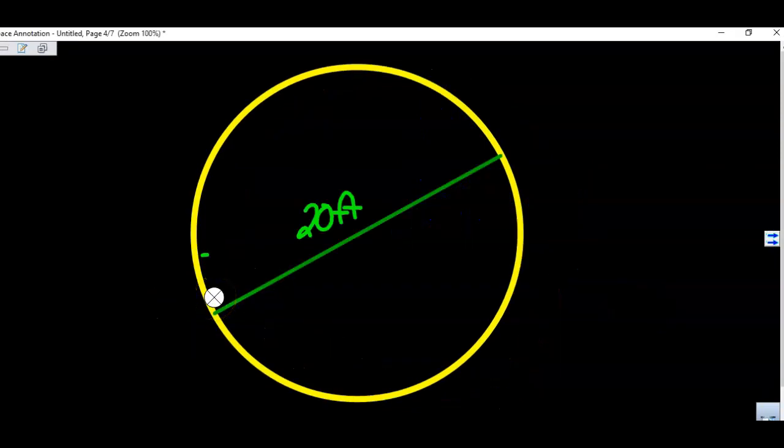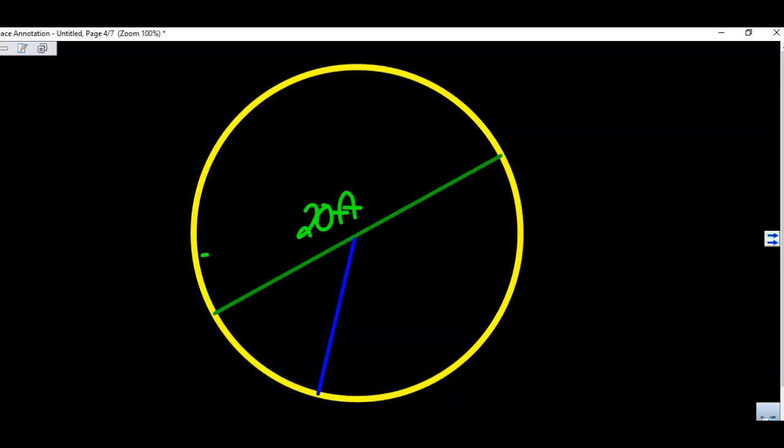Let's say we have a circle, and we know that the diameter, remember, the distance all the way across the circle through the center, is 20 feet. And it's asking us to find the radius. Now remember, the radius is from the center of the circle to any point along the outer edge of the circle.